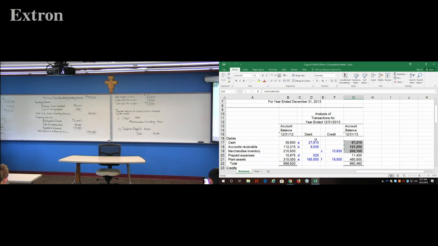So my cash flow statement is going to only explain this change, 7,610. Because what happens to my cash account if I post this credit to cash? We said cash was this, and originally we had a debit here of 27,610, that was the difference.